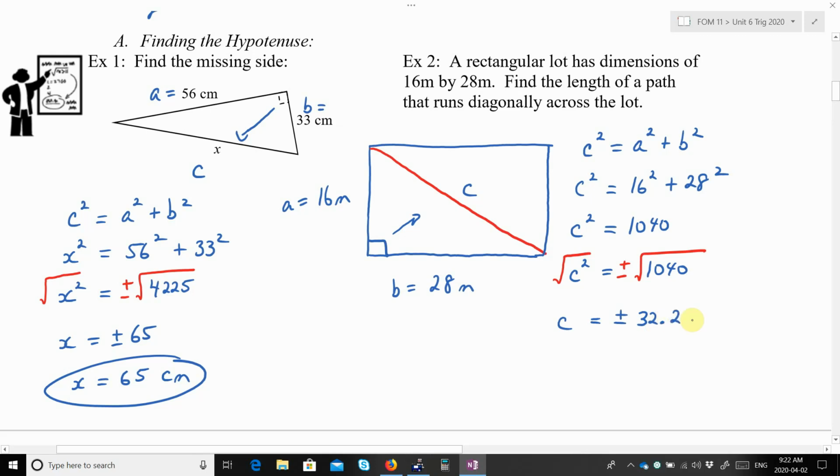And this time it is going to be in meters, because notice that the other two sides are in meters. And we're going to reject the negative answer because we can't have a negative length. So we'll go 32.2 meters. And that is how you do example 2.